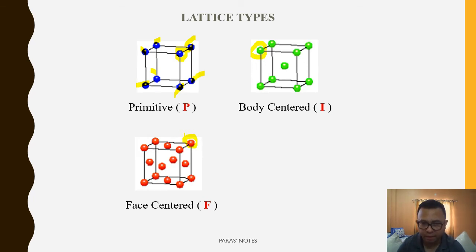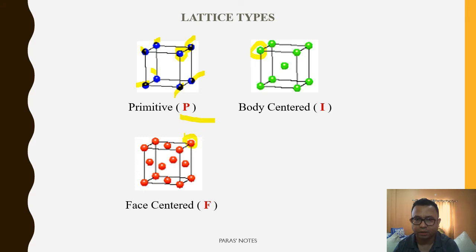Now if the particles, that is ions, molecules and atoms, are present only at these 8 corners of a cube, then such kind of unit cell is what is called primitive unit cell. As you can see, in the bracket it is represented by P. P means primitive. Again I am repeating, the first kind of unit cell is primitive. In a primitive unit cell, we have constituent particles occupying the 8 corners of a cube. Then we say that the unit cell is primitive.